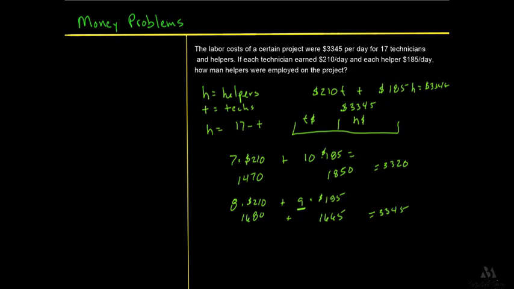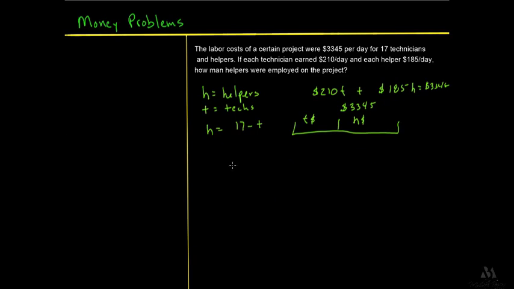Now let's play around with solving the equation. So what we know is 210 times the number of technicians plus 185 times the number of helpers is going to give us $33,445. So I'm going to change this a little bit so I don't have two variables. I've got T and H up there now. So I've got $210 times the number of technicians, which is 17 minus the number of helpers.